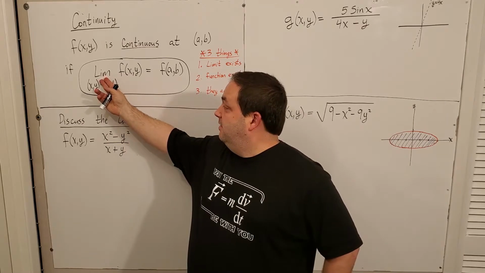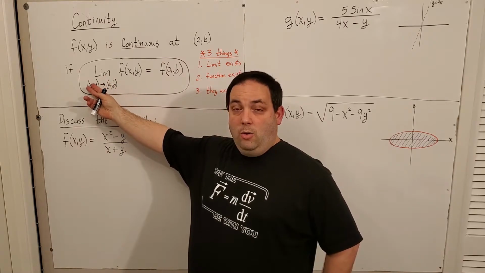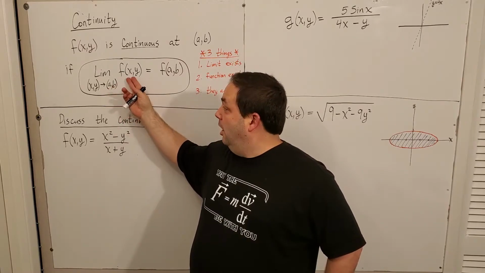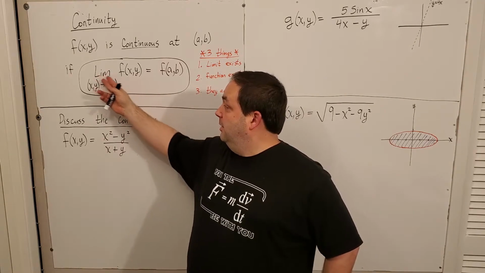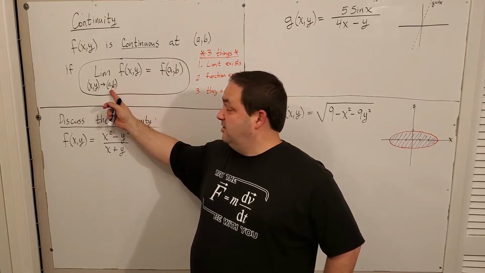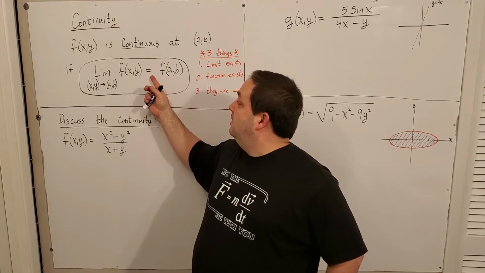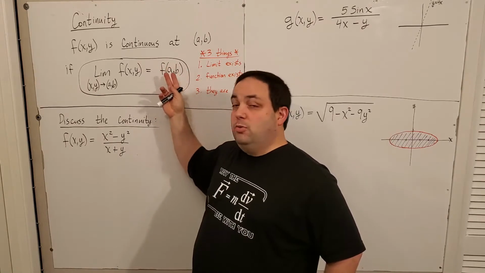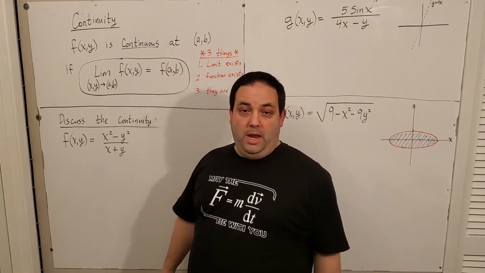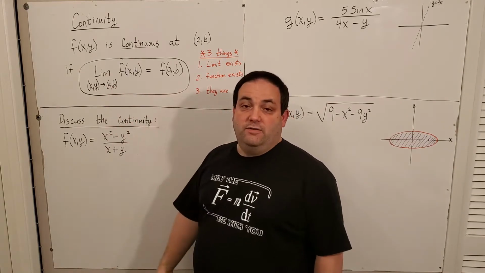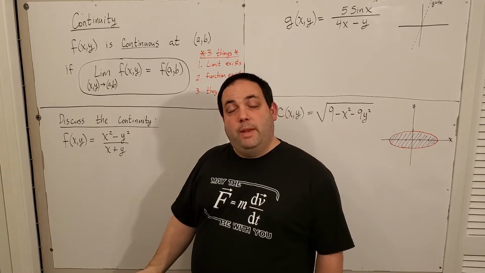If the limit as our input goes to a certain domain value of the function equals the same thing as the function value calculated at that domain input, right? So if that limit equals the function value at every point in the domain, basically, we have continuity.